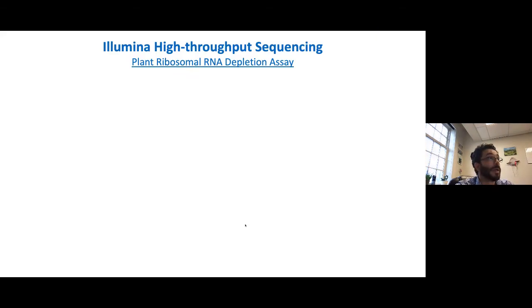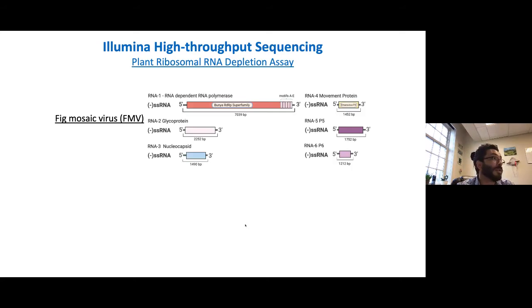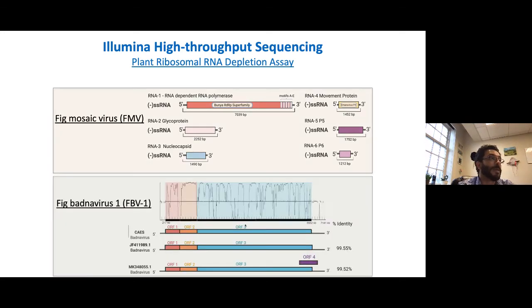We did some lunar high throughput sequencing again. This time, we used the plant ribosomal RNA depletion assay, and we found two viruses. One is the fig mosaic virus, which is very much associated with fig mosaic disease. Right, and then we also found fig virus 1, right? So that raises the question, what's really the culprit of the disease?